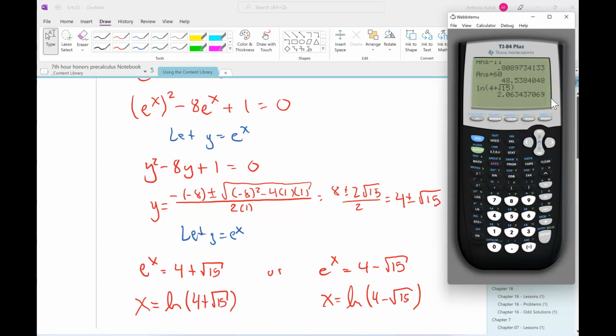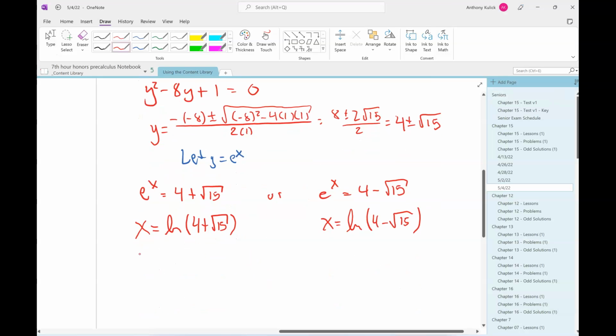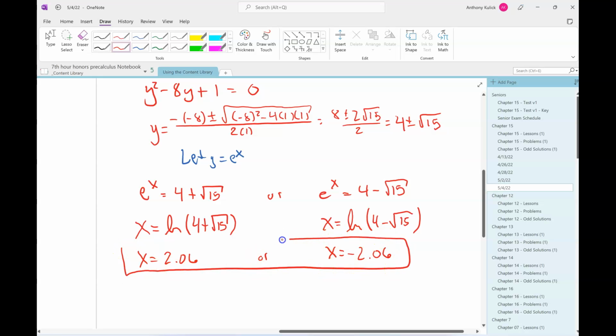I got 2.06. And if I do the same thing over here, I'm going to get negative 2.06. Worth pointing out that it's not always just opposites like that, but it can be, like it was in this case.